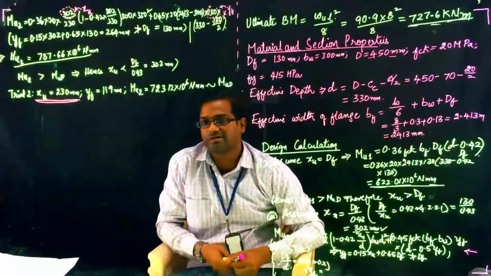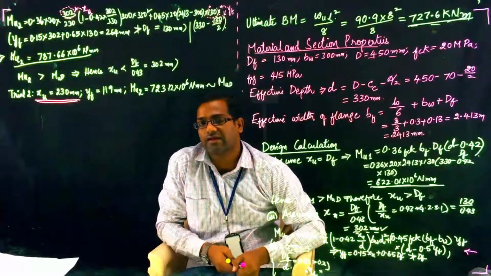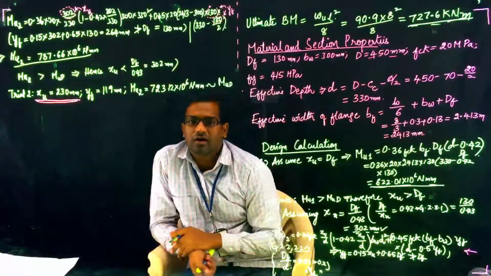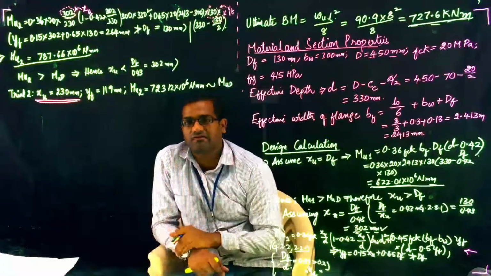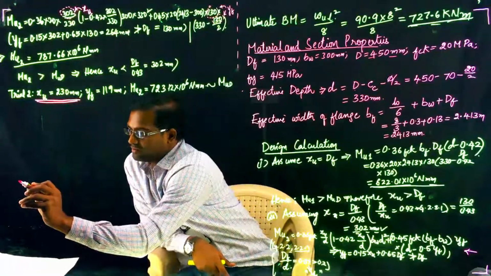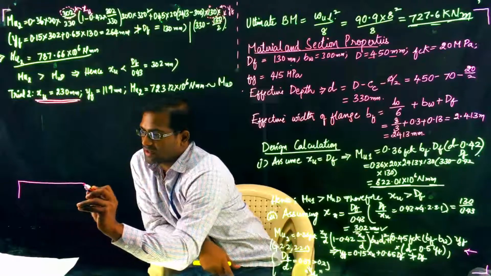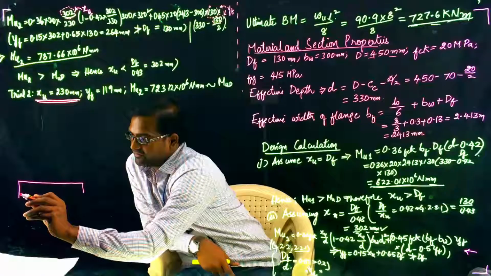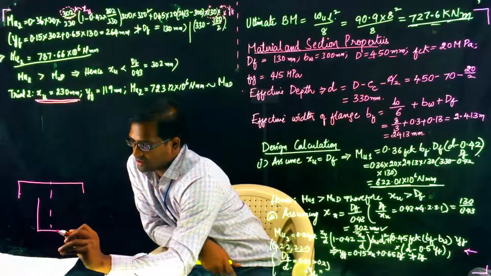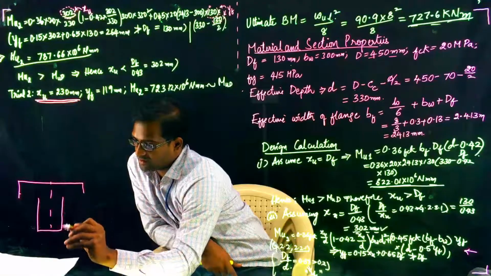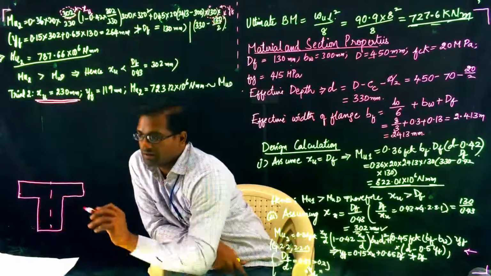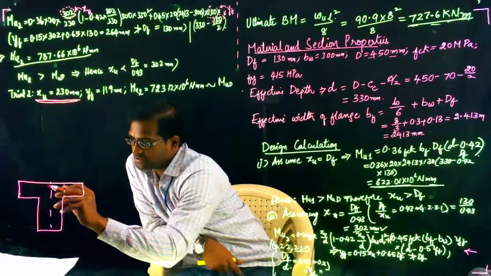Now after knowing this value, you need to equate the compressive forces and tensile forces and calculate the steel area. If you remember the analysis of the T-beam, we have a flange and then a web. We have divided this into two sections.